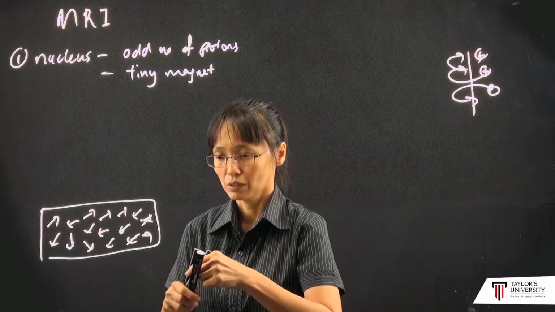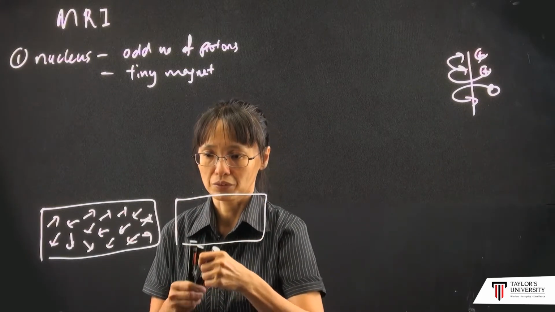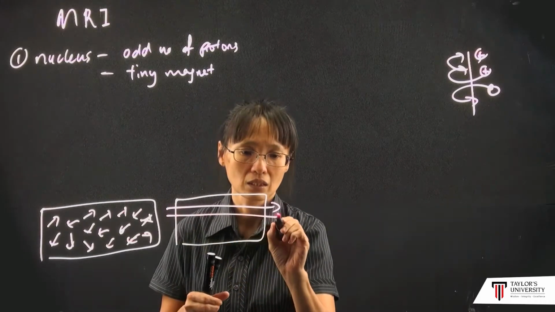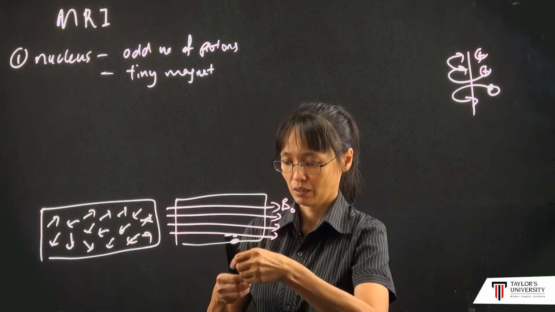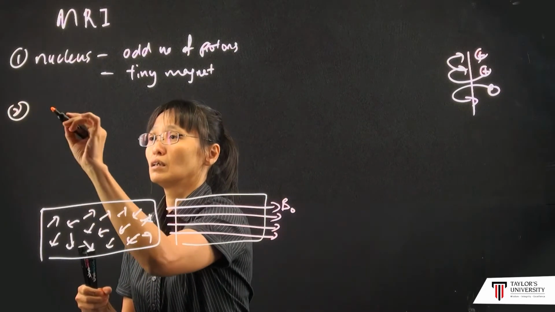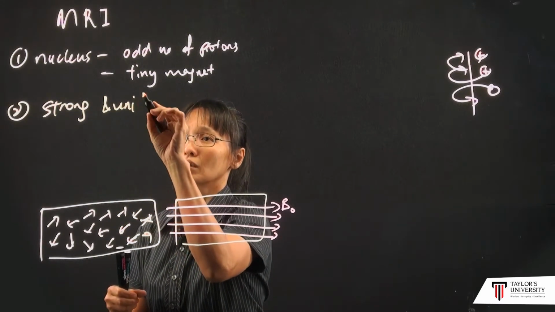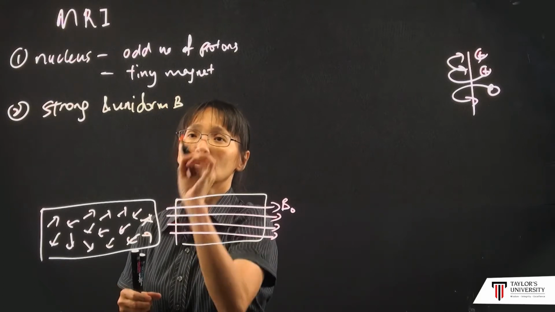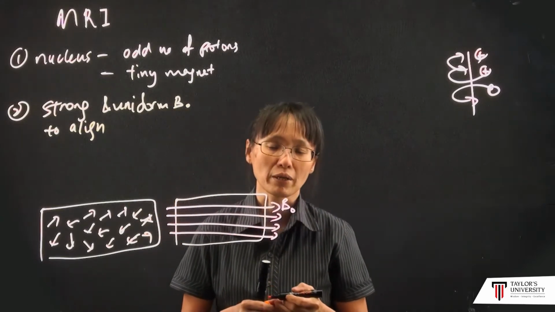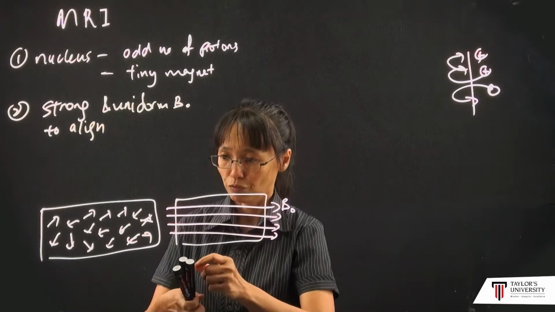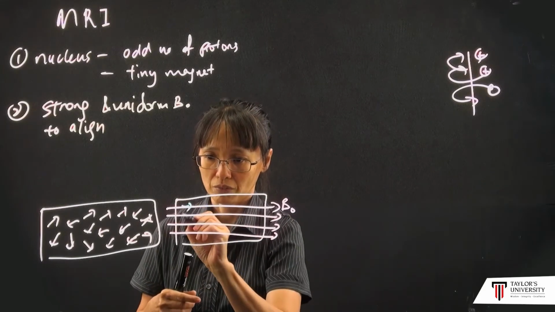So what we do here is we impose a strong and uniform magnetic field to align the tiny magnets. So the tiny magnets will follow the direction of the strong magnetic field.